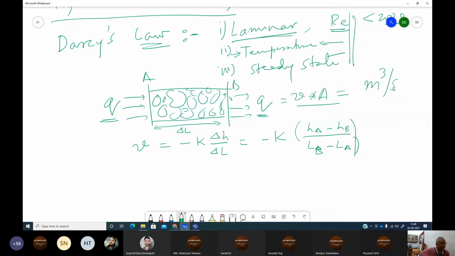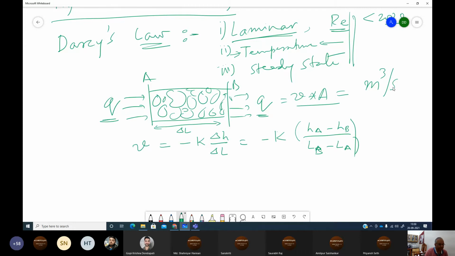Okay, it's the volume rate, meter cube per second. This is what we measure in the experiment, how much centimeter cube per minute is coming out. If this experiment has not been done, and if they do it, then they will measure it for you and they will give you this data, Q.